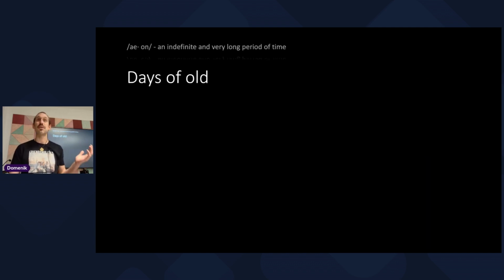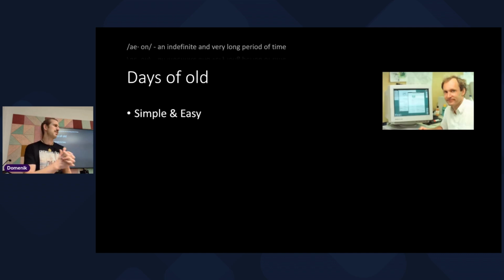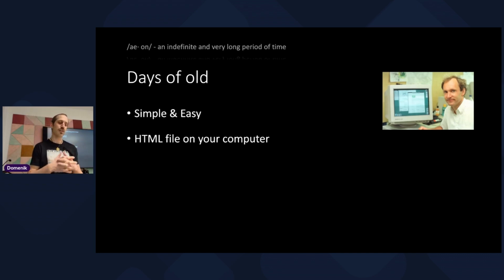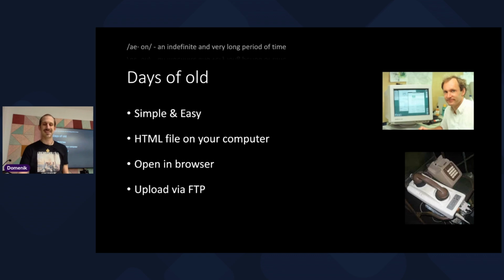So in the days of old of the internet, it was simple and easy. The way we did our prototyping was we had our HTML file on our computer and we open it in the web browser. Awesome, simple. Open in a browser.